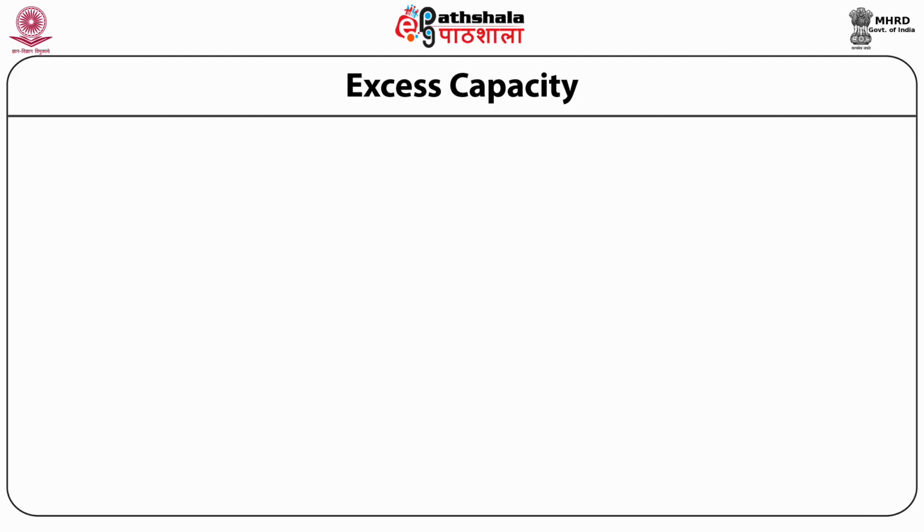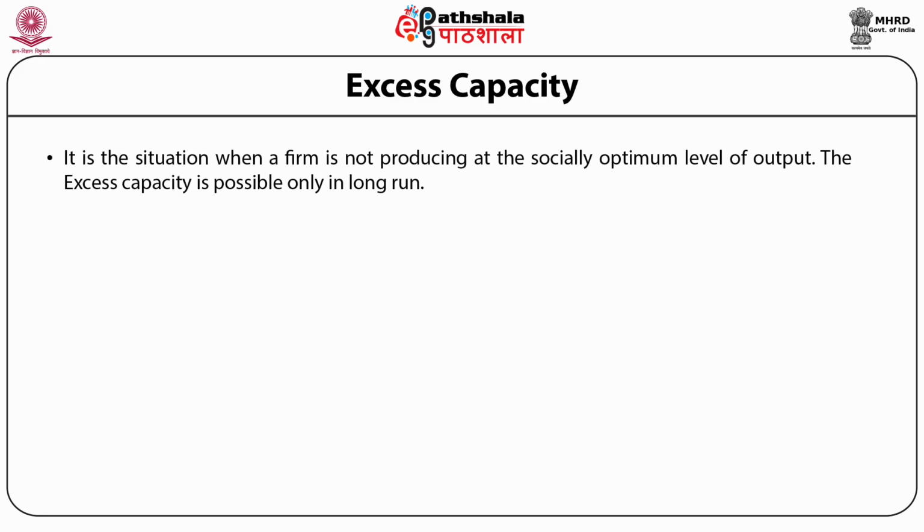Excess capacity. It is the situation when a firm is not producing at the socially optimum level of output. The excess capacity is possible only in the long run.